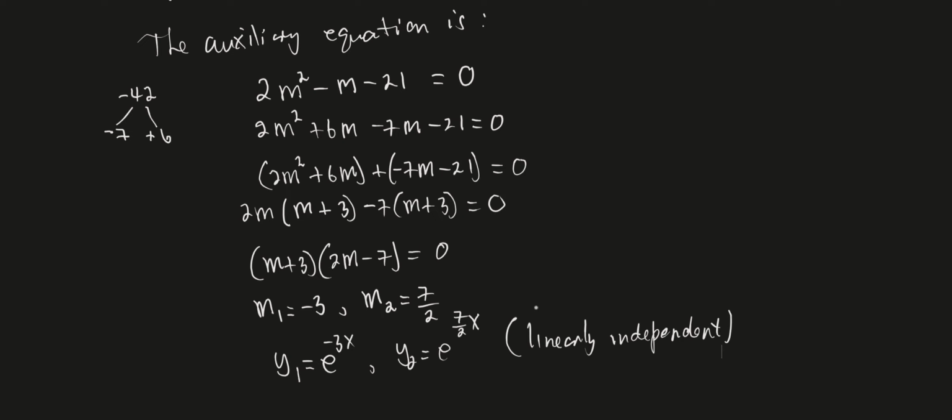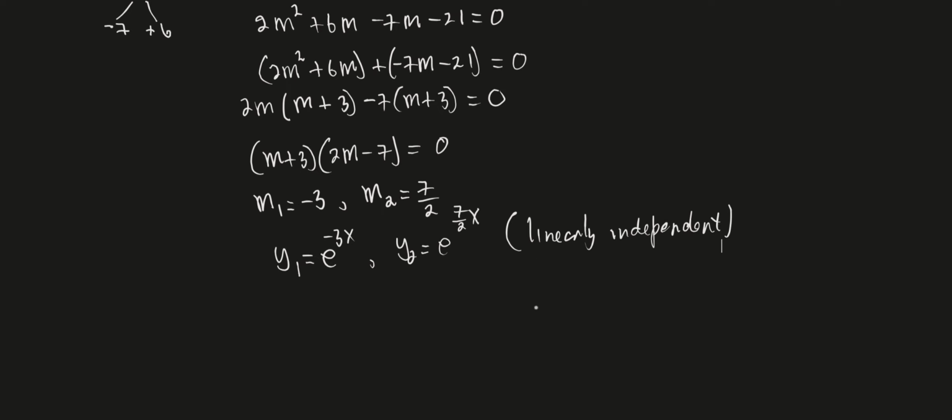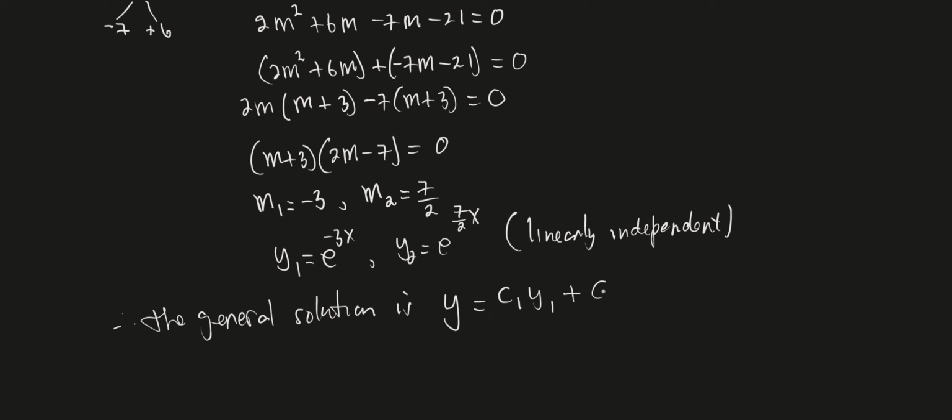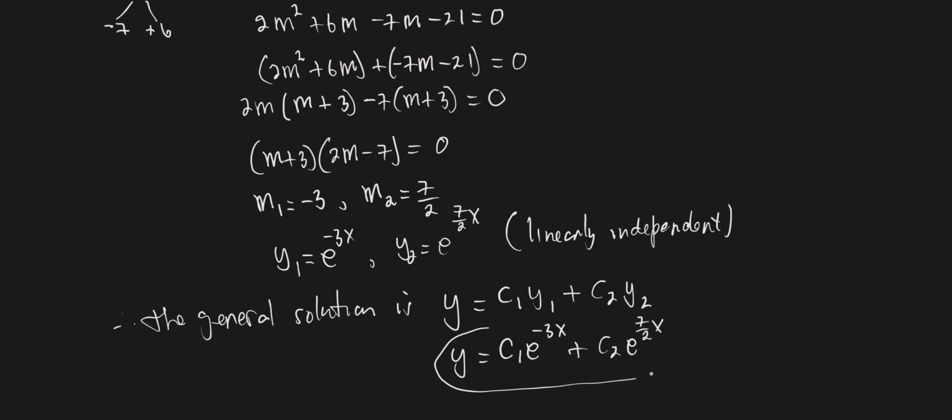And then the superposition principle says, here's our general solution. Therefore, the general solution is y equals a constant times y1 plus a constant times y2. So we end up with c1 e to the negative 3x, plus c2 e to the 7 halves x. And that's our solution.